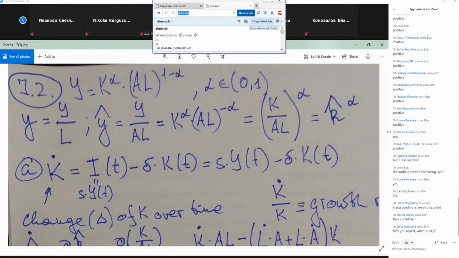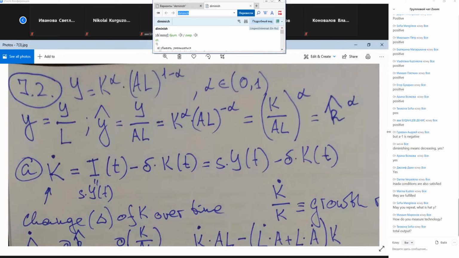The hat will come in a second; we didn't do it yet. So big Y is the total output.